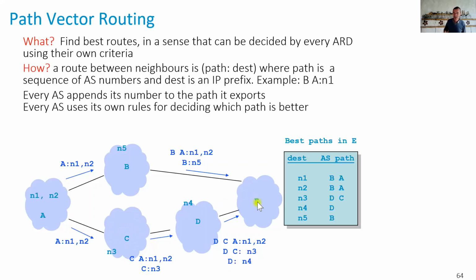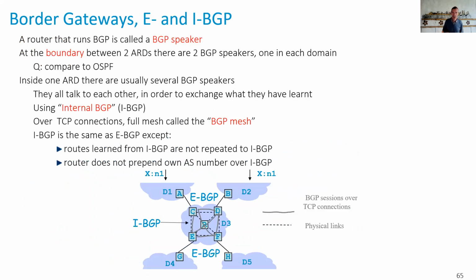So E might decide, based on completely out-of-band mechanisms, that it doesn't like this path because, by looking at the path, it says C, and E does not like C. Or B, for example. So by having the complete path, it is possible for a domain to decide using what we will see is called policy. So that's the first part.